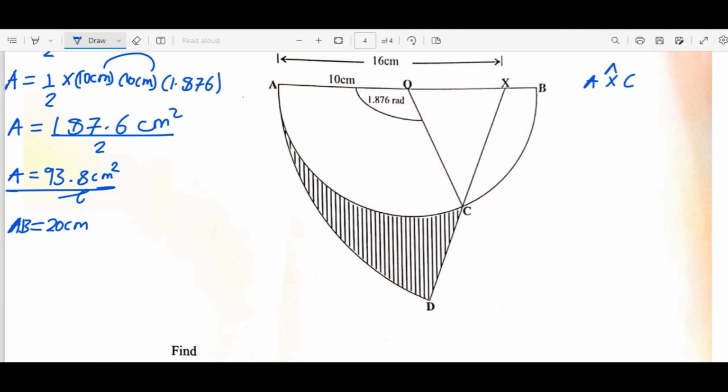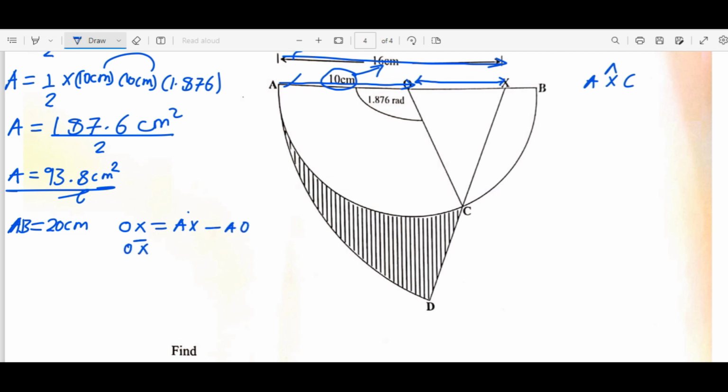What I want us to do is find this distance. So this is distance OX. Now remember, from here up to here is 10 centimeters, then from here up to here is 16. So if I subtract 10 centimeters from 16, I can find the distance OX. So OX is equal to AX minus AO.